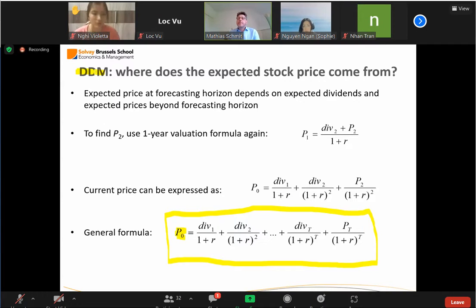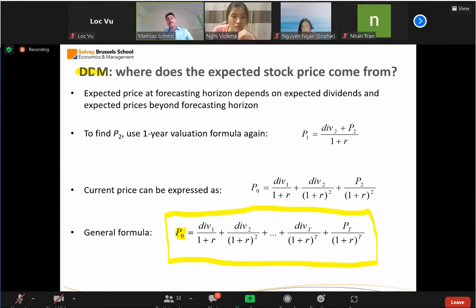Yes, Violetta? Yes, Professor. But in this case, we're assuming that the rate of return over the year is the same. Yes, but it's an excellent question and it's a difficult question to answer. In practice, yes, because on the current information that we have, we have to value today a share from Coca-Cola, for instance, from today till the infinity.